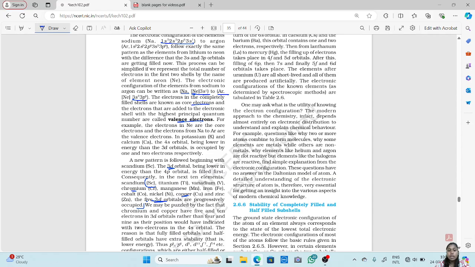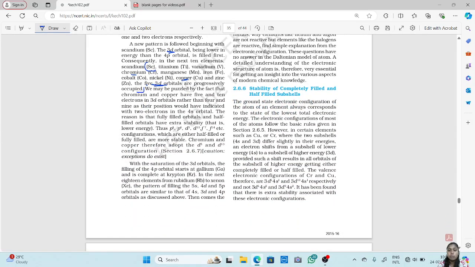Questions like why two or more atoms combine to form molecules, why some elements are metals, why others are non-metals, why helium and argon are not reactive but elements like halogens are reactive, and how atoms combine with each other can be explained using the electronic configuration.